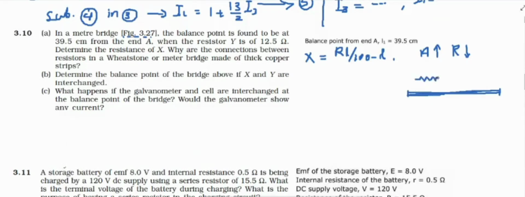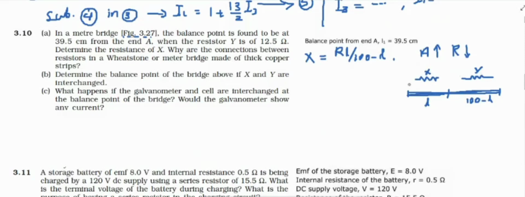Here we have resistance X, just assume like that, and here resistance Y. The balancing length we can take: this is L and this part is 100 minus L. So the resistance X is balanced by a length L and resistance Y is balanced by a length 100 minus L.